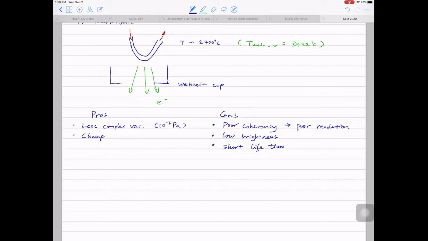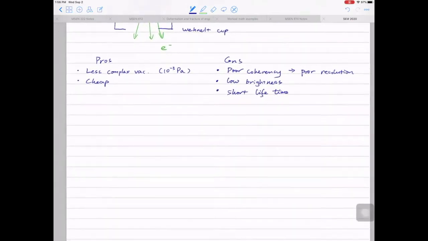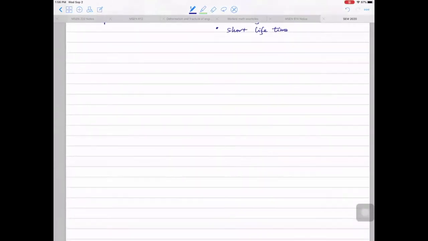So those are the characteristics of the tungsten filament, not a field emission gun. Now let's move to the cold field emission gun, the one with only or largely field and not much heat, and look at how it works.